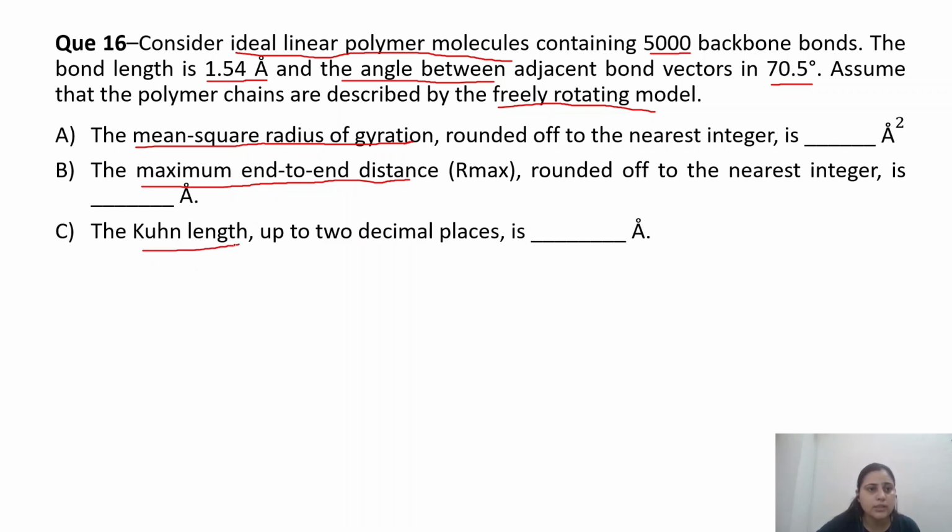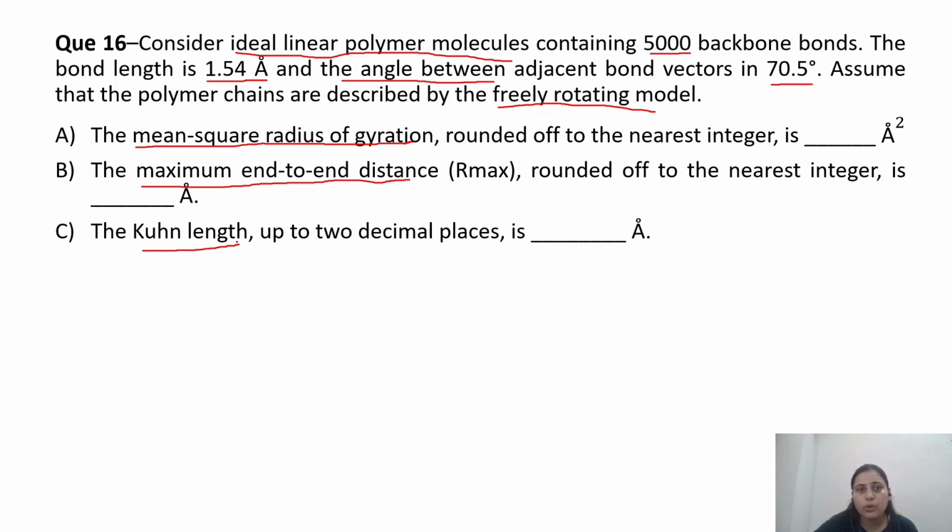So let's begin by solving part A, which is the mean square radius of gyration. We need to calculate it, and the data provided is a freely rotating model with C-C bond length 1.54, theta value 70.5, and n as 5000.